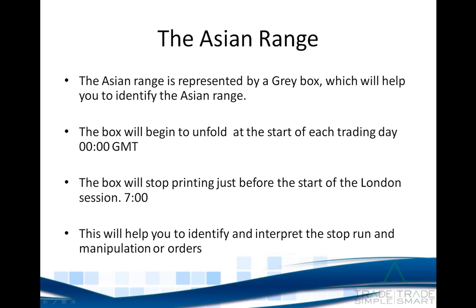Now, the box will stop printing just before the start of the London session. Okay, so from 12 midnight GMT to 7 AM GMT, we have the beginning and also the end of our Asian range, and our grey box will help us to highlight this and allow us to identify and also interpret the stop run and the manipulation of orders.